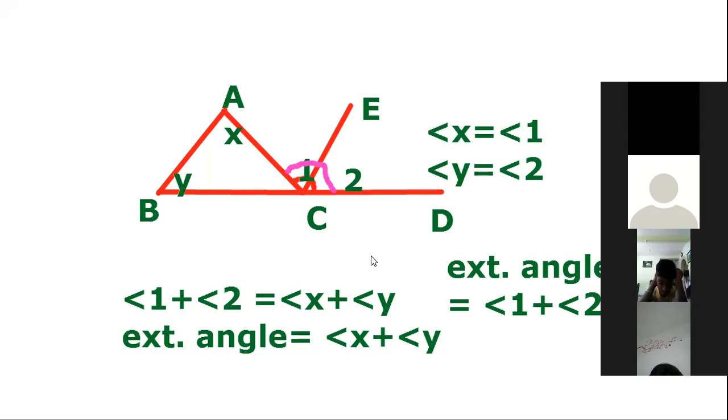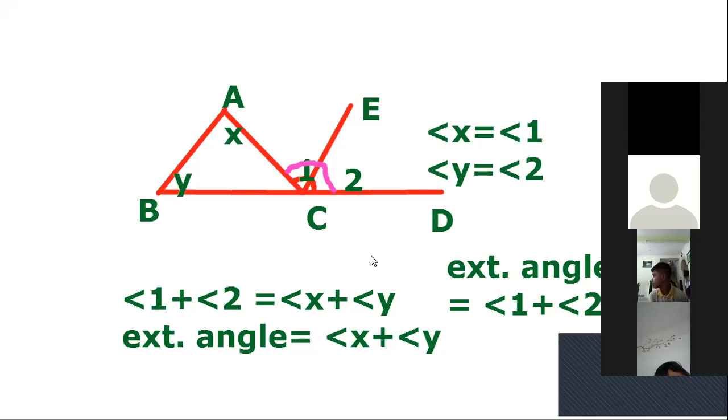Similarly, angle 2 equals angle y, since AB and CE are parallel and BD is a transversal. That's why angle y and angle 2 are equal. Similarly, we can write angle 1 plus angle 2 is equal to angle x plus angle y, since angle 1 equals angle x and angle 2 equals angle y.